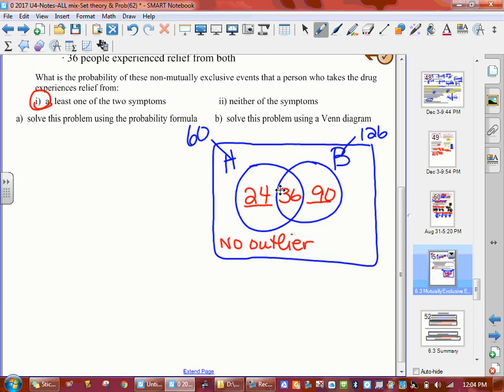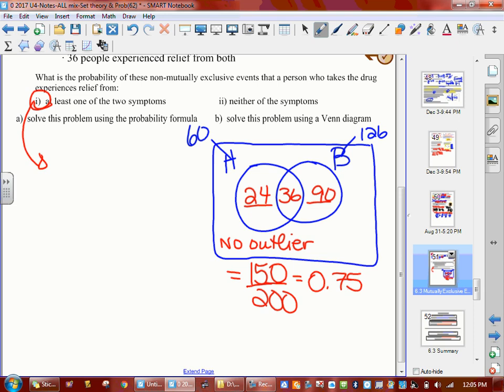So that means we would add up everything in our diagram. So adding up everything in our diagram is going to give us 150. So for A, we would have 150 over 200. Okay? That's going to give us a probability of 0.75. So 75% of the people had relief from both. Okay?